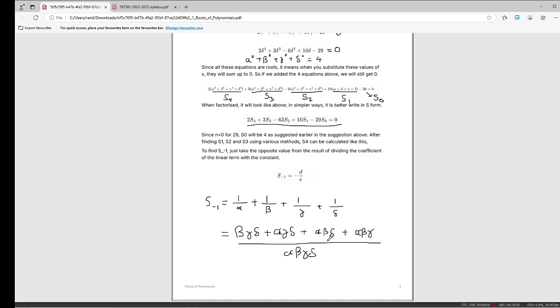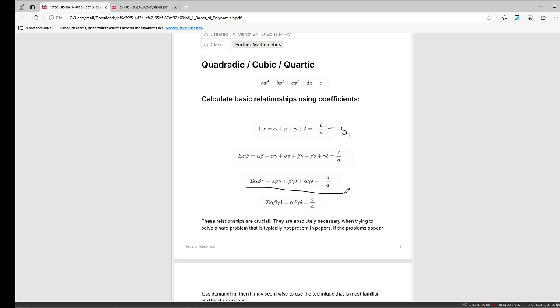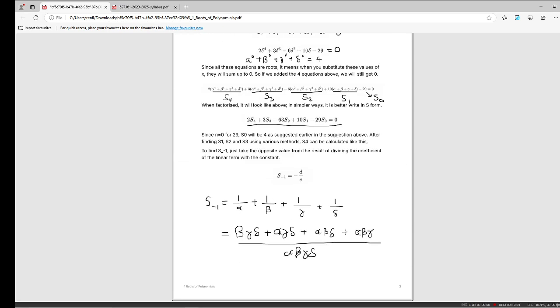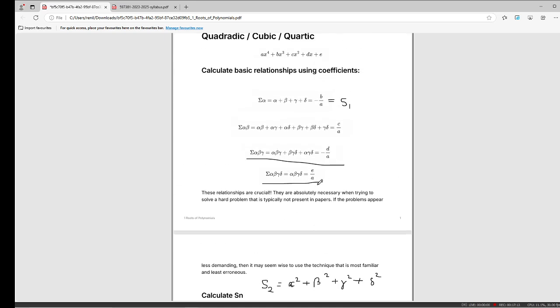Okay, so this right here is what we're going to get if you just simplify this. And if you look closely or understand the relationships that are shown, the numerator is the same as this right here, the sum of alpha, beta, gamma, and our denominator is alpha, beta, gamma, delta, which is the same as this right here.